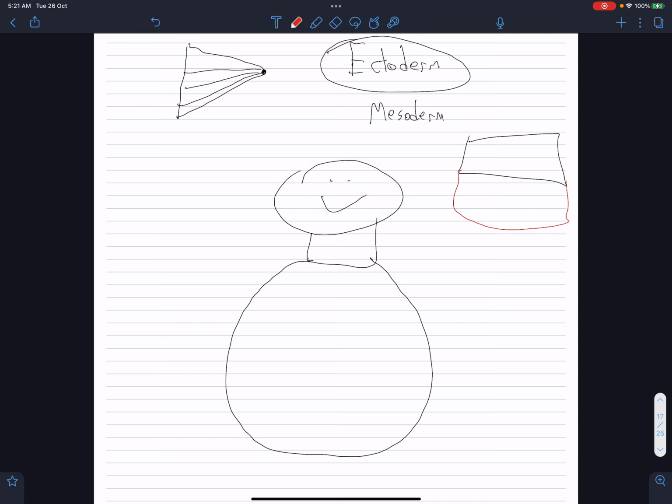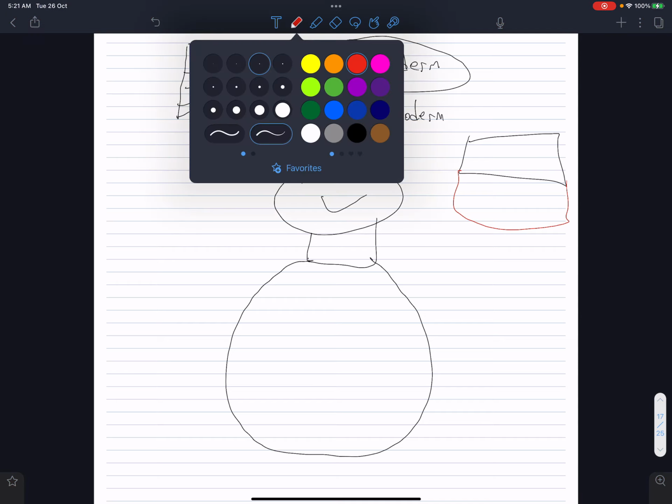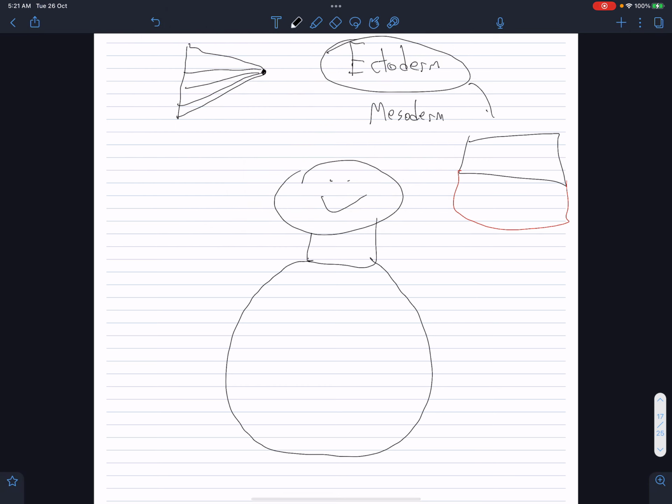Basically, what's happening is that part of the ectoderm in black color is going to be thickened. It's going to proliferate and form a thickened part of the ectoderm, or the epidermis, because as you know, the ectoderm will not only give rise to the breast, but it will also give rise to the epidermis of the skin.